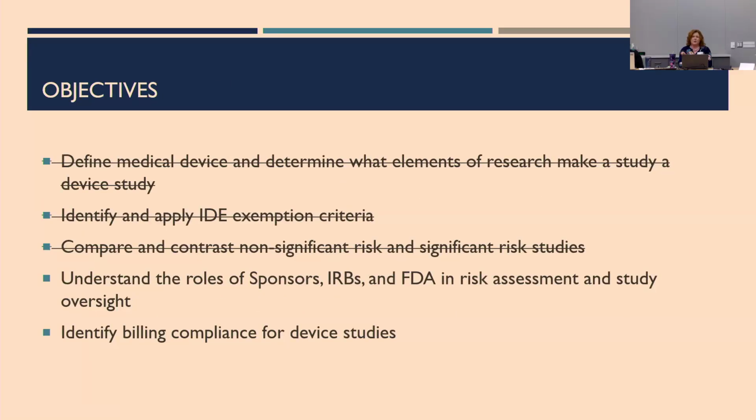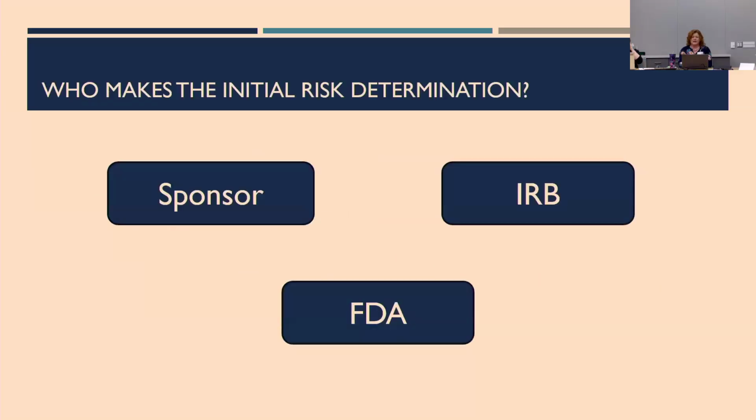We're going to dig a little bit more into the roles of sponsors, IRBs, and the FDA in the risk assessment and oversight process. All right, so of the three I just mentioned, who makes that initial risk determination? Is it the sponsor, the IRB, or the FDA? We don't have a poll for this one, so just thinking in your head, if you say it's the sponsor, you would be correct.